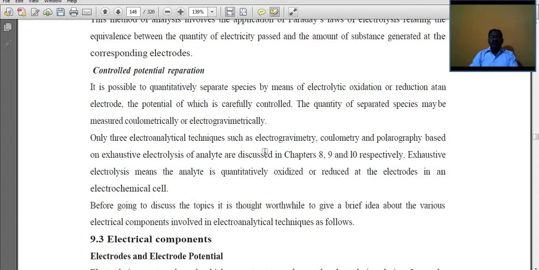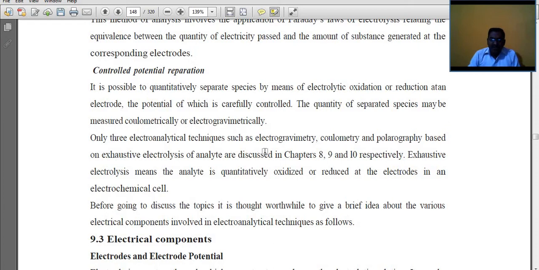Then, controlled potential separation. It is possible to quantitatively separate species by means of electrolytic oxidation or reduction at an electrode whose potential is carefully controlled. The quantity of separated species may be measured coulometrically or gravimetrically.